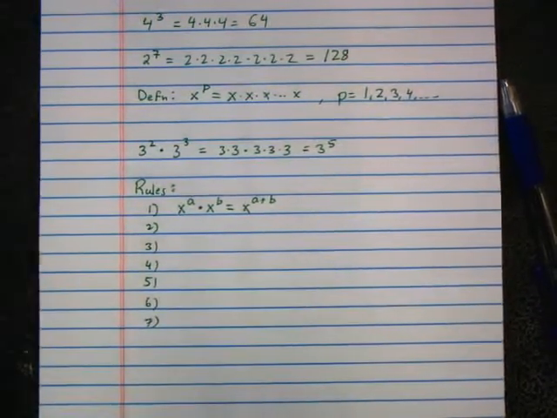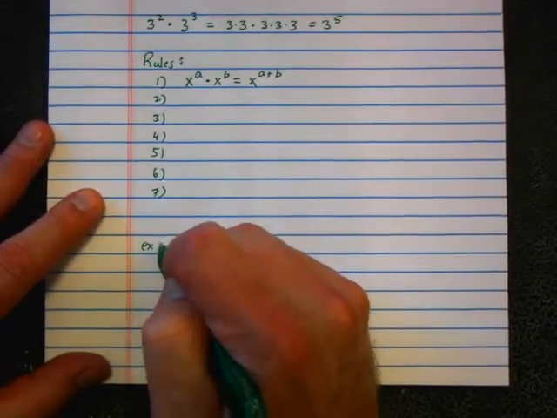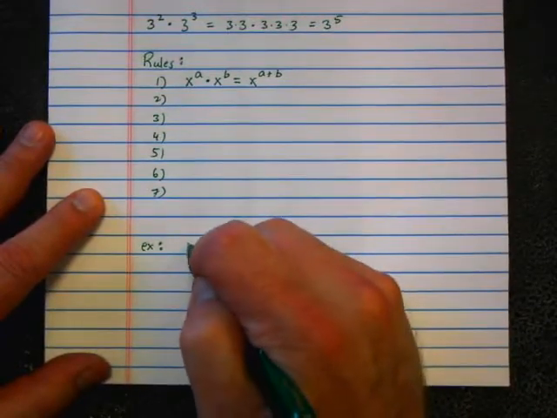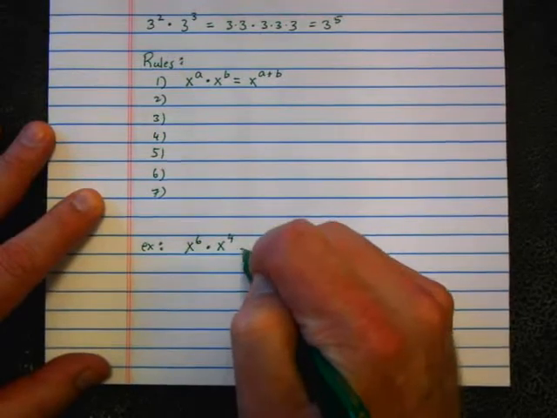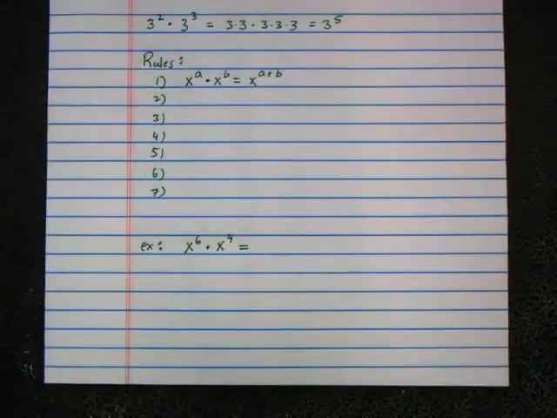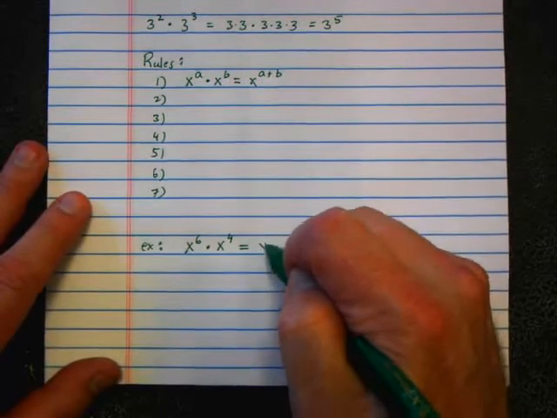Alright, let's see if I can come up with 7 rules. Alright, so for example, if I asked you to take x to the 6 times x to the 4, you would tell me the answer is x to the 10. When you're multiplying things with the same base, you add the exponents. That's x to the 10.